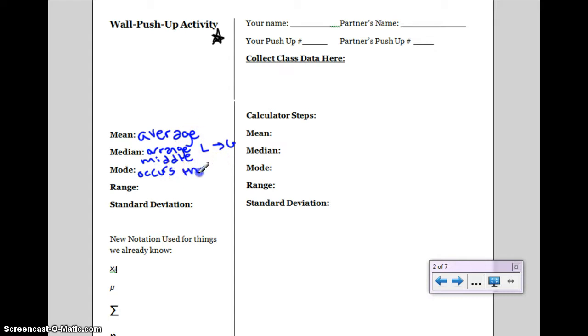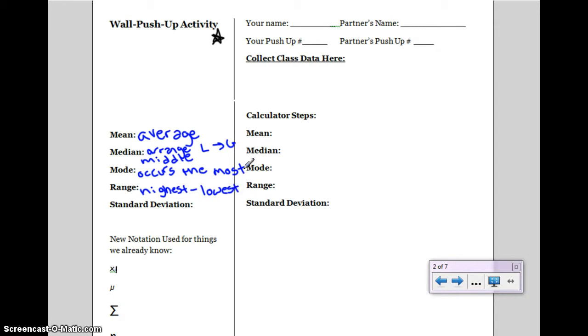So you're going to have a collection of data and we're going to be looking at what all these actually tell you. And then our range is the highest minus the lowest, so the range of values. If you think about wall push-ups, we're going to do them for a minute.